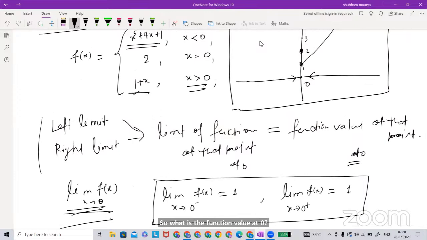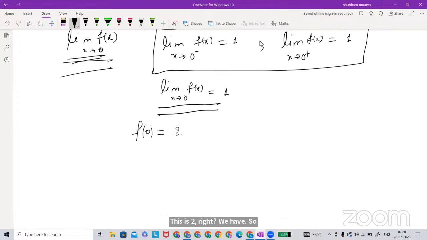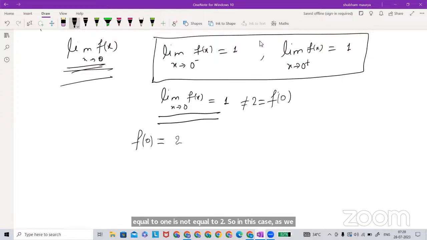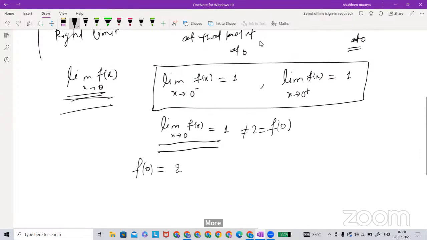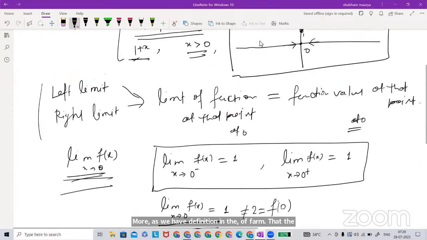So the function value is not equal to the limit value, since 1 is not equal to 2. As we saw in the graph, and now with the algebraic definition, the function is not continuous at 0.